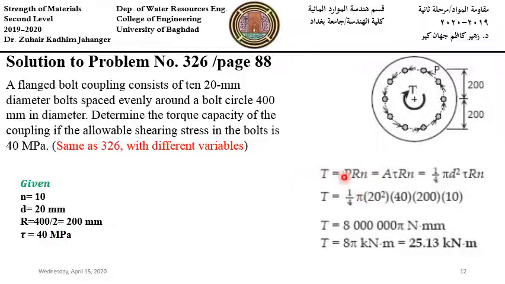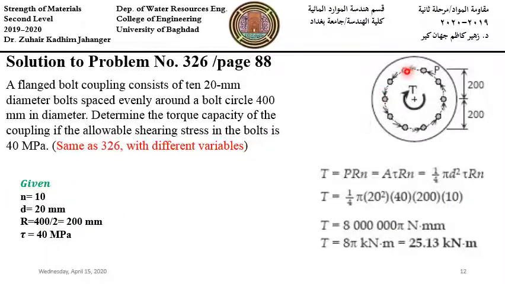To solve this problem, torque equals P R n, so it's A tau R n, and it's 1 over 4 pi d squared tau R n. So torque equals 1 over 4 pi times 20, the diameter, squared, times 40, the tau, times R, which is 200, times 10, the number of bolts.